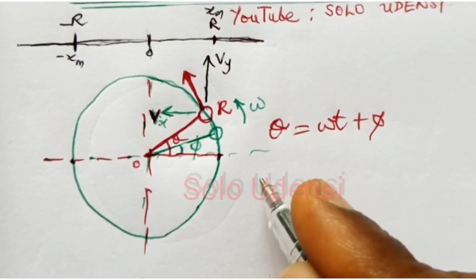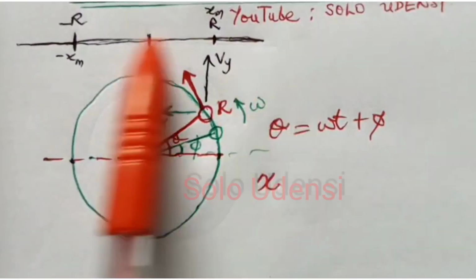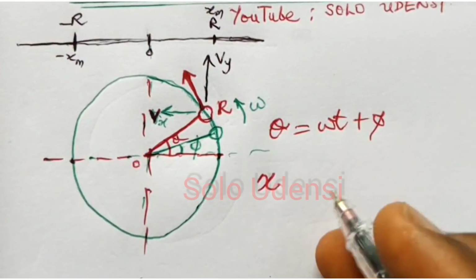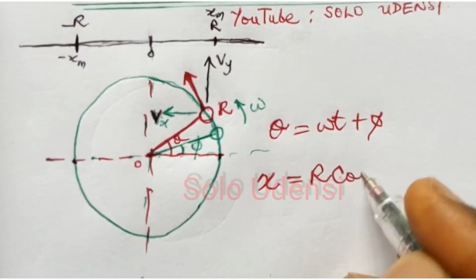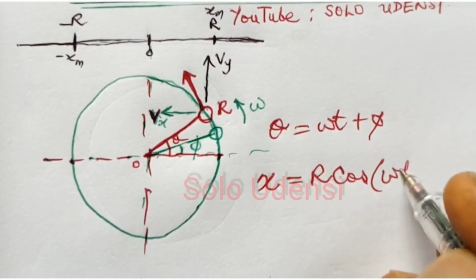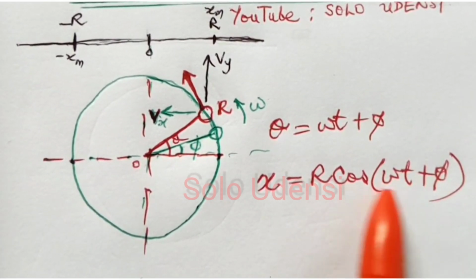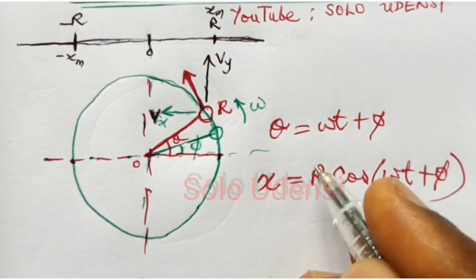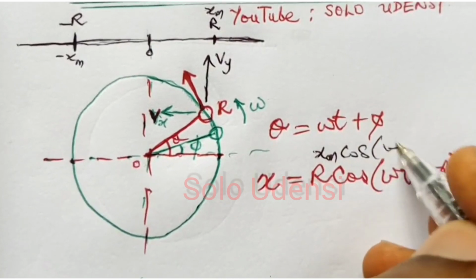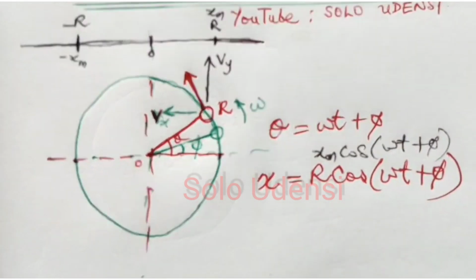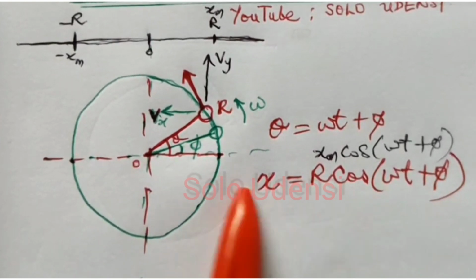We found out in our previous video that, since the oscillation is along the x-axis, x, the solution to that second order differential equation, is of this form, omega t plus phi. It can be signed plus or minus. So here we can say it's xm cos(omega t plus phi). Any one you use, it will work. So that is the solution that we got.